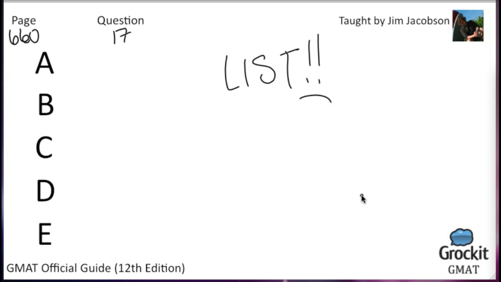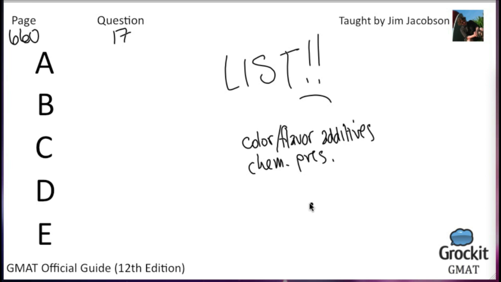So we have a list of things that are not supposed to be in natural foods. So those things are color and flavor additives, chemical preservatives, and synthesized stuff.